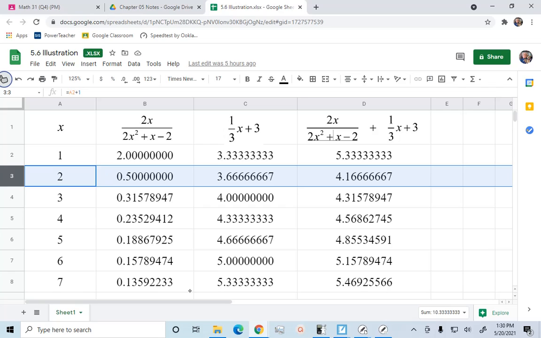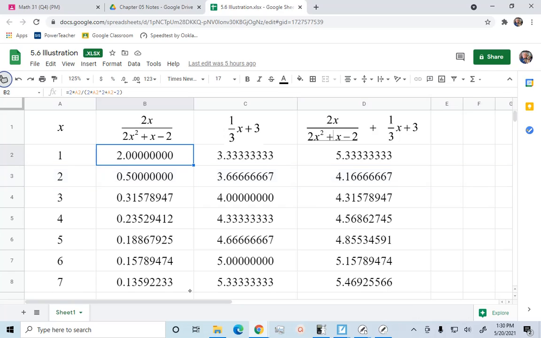And the reason it's closer is because this number that I've highlighted has gotten smaller. And when that number gets really, really small, the difference between C and D is not that important.